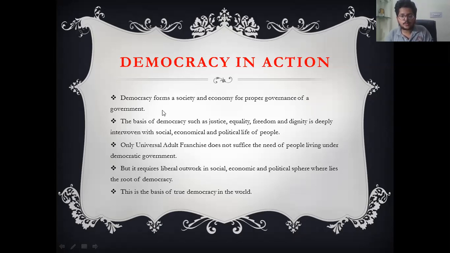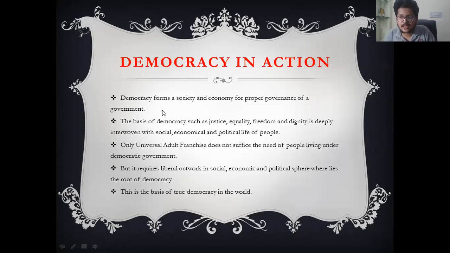Only universal adult franchise does not suffice the need of people living under a democratic government. See the first 2 points. Democracy forms a society and economy for proper governance of the government. The basis of democracy, such as justice, equality, freedom, and dignity, is deeply interwoven with the social, economic, and political life of people. Irrespective of that, democracy provides justice, equality, freedom, and dignity. And only universal adult franchise. You know what universal adult franchise is?